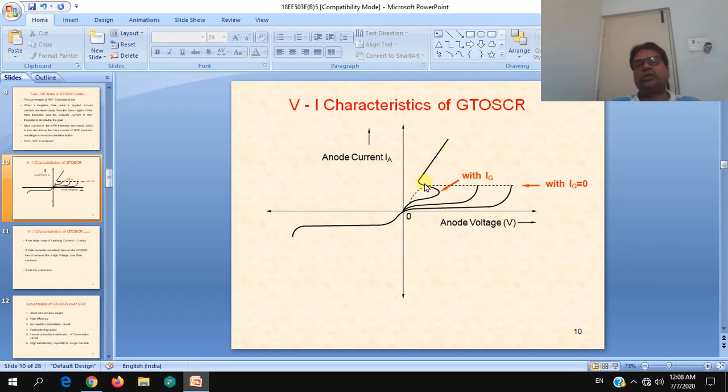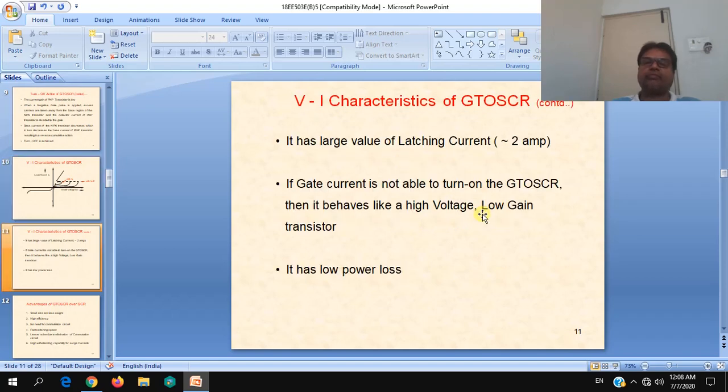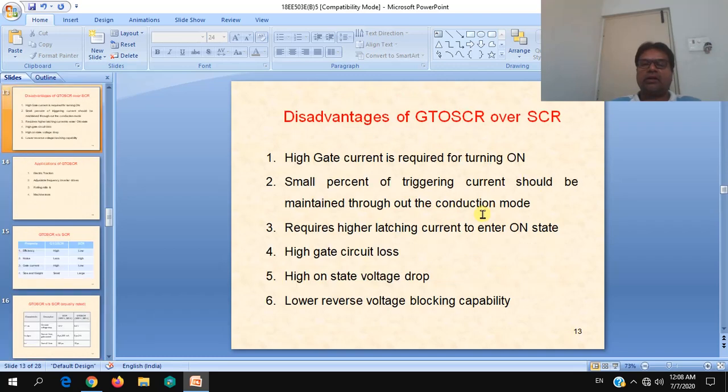This has more tapering angle, which means the voltage drop is more. As the current goes on increasing, the voltage drop will be increasing as the conduction takes place. That is high on-state voltage drop.